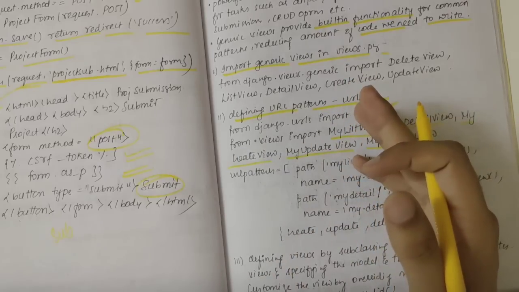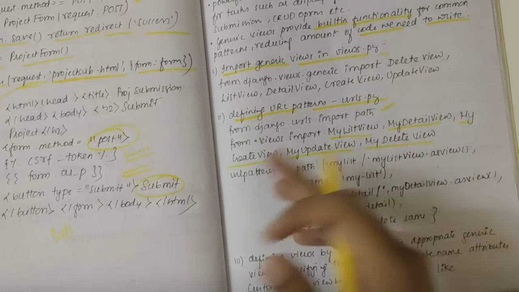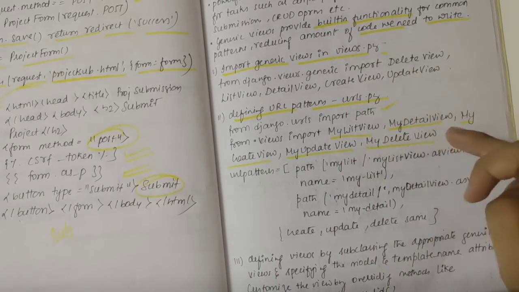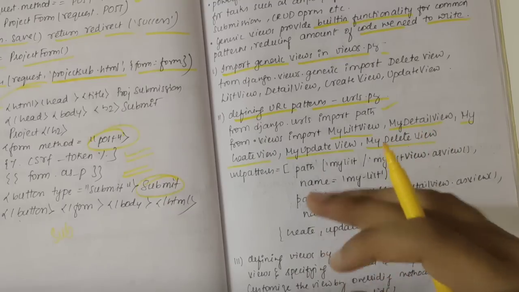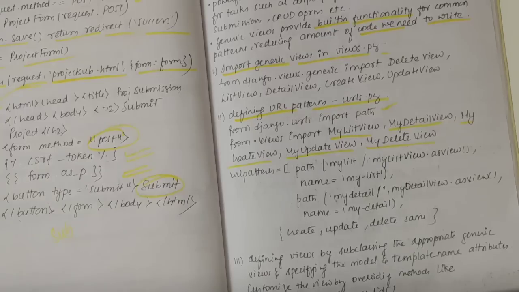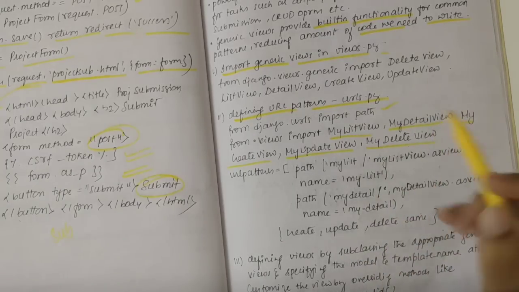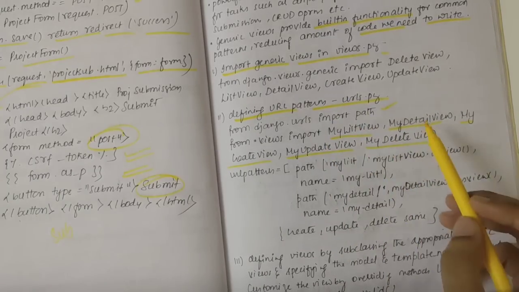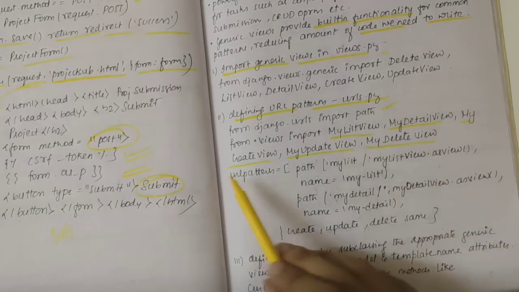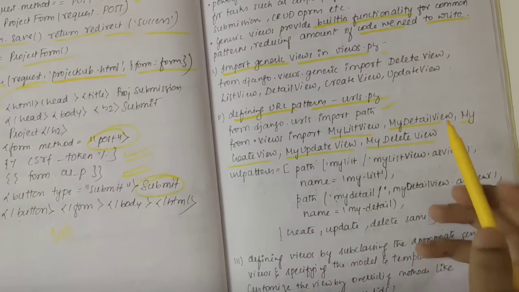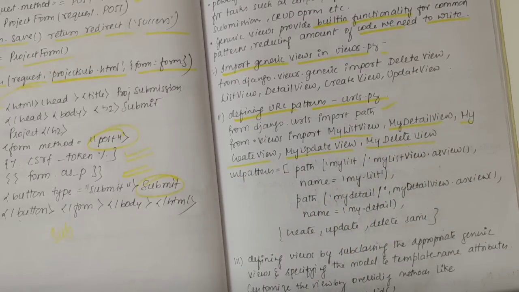Here you are mapping the URL pattern of my-list to this MyListView.as_view, and specifying that it has to render the my-list template. Okay, so it goes the same. Firstly, for MyListView I wrote, next MyDetailView also I wrote, for MyCreateView it would be the same, MyUpdateView also it would be the same, and MyDeleteView also it would be the same.